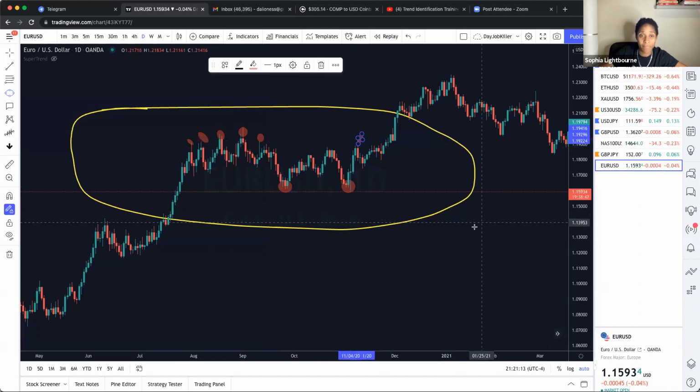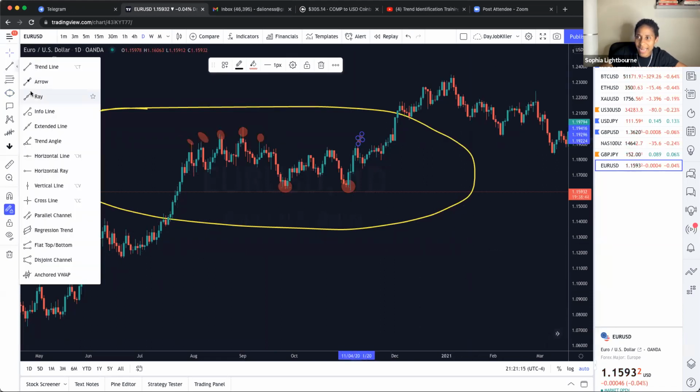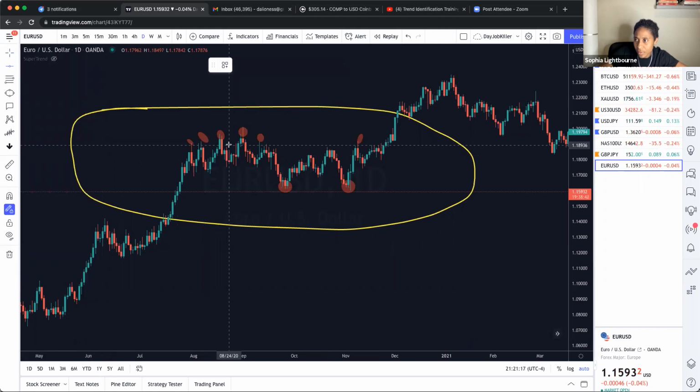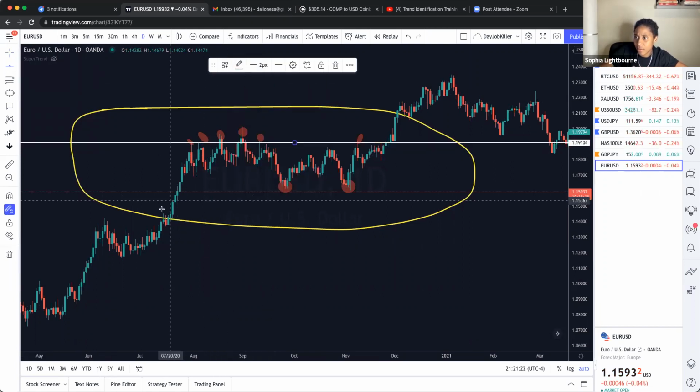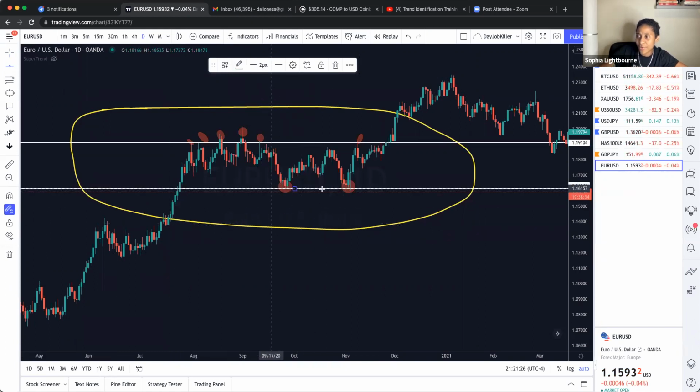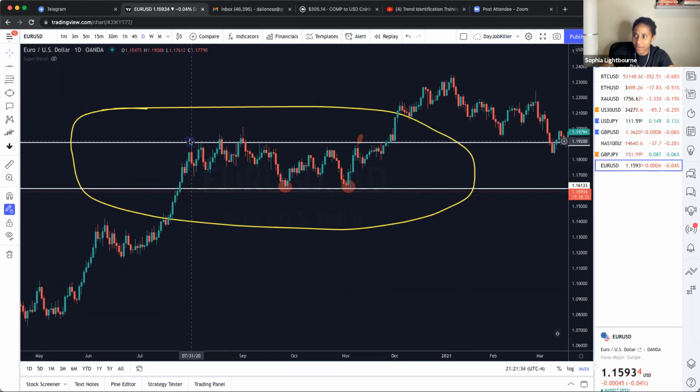Y'all see that? So if we were to draw a line right around this area, and we were to draw a line around this area, just to identify those levels, I'm gonna remove these circles just so it's not too much to confuse y'all.